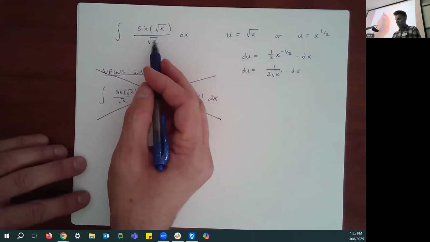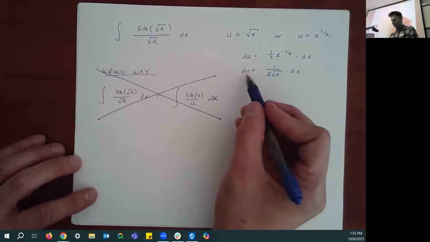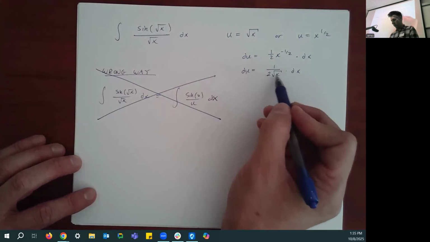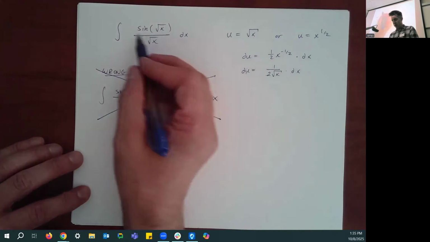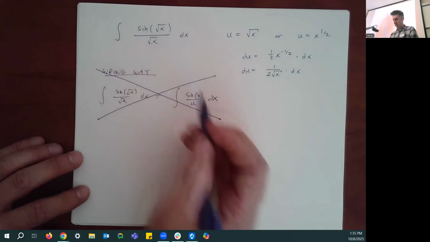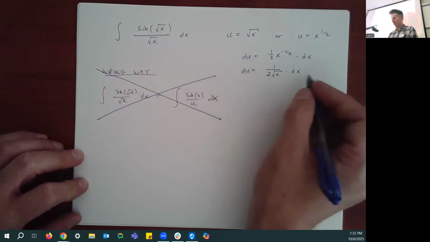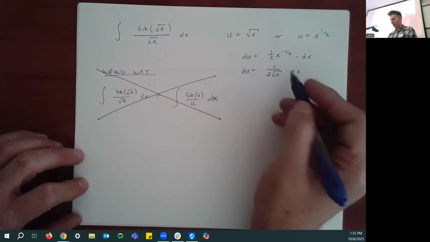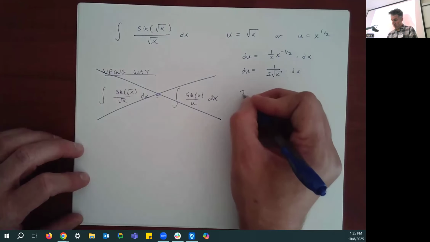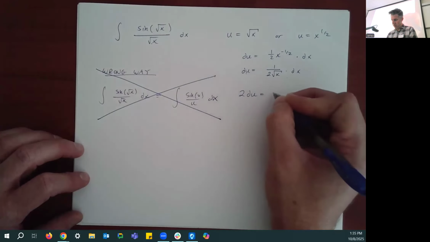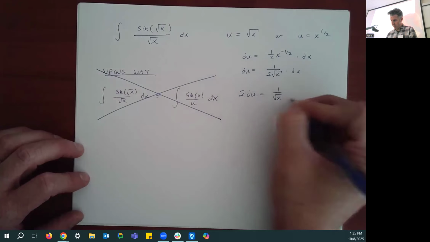What we should have done is, look, my du is equal to 1 over 2 times the square root of x times dx, and I have a 1 over square root of x times dx. So I'm going to reformulate this equation, multiplying both sides by 2. 2 times du is equal to 1 over the square root of x times dx.